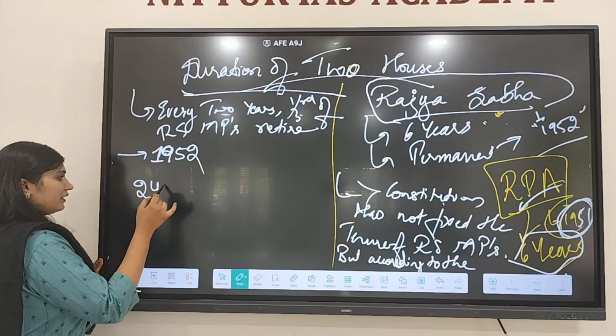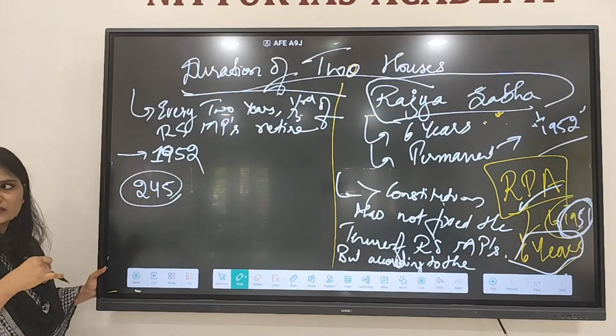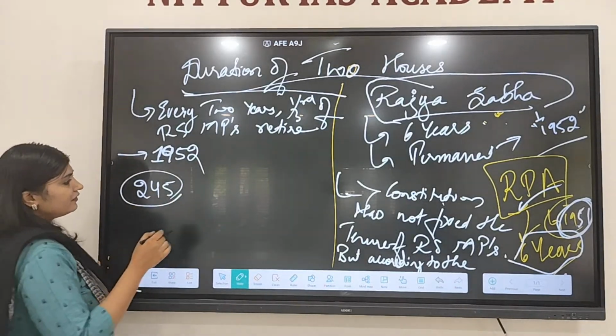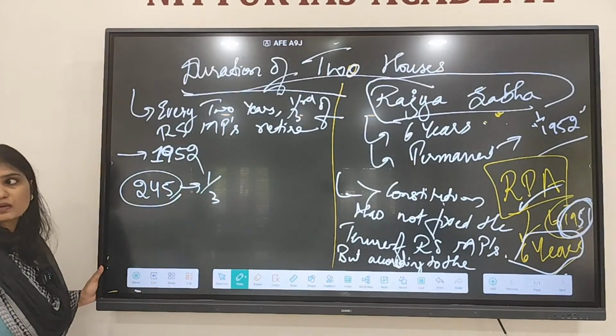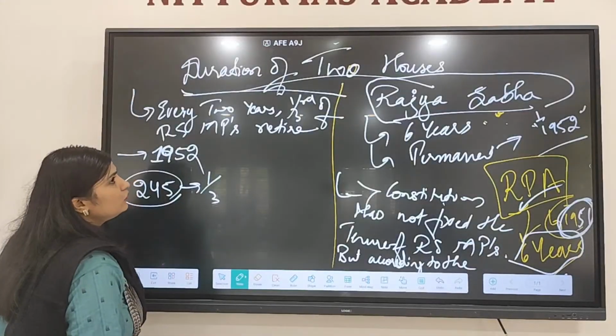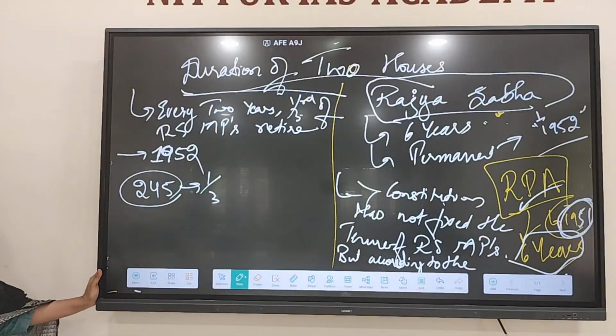Out of 245, the present strength, it was divided into 3 parts. In 1952 there was an election for the Rajya Sabha MPs, and then after that the president, with the help of a lottery, picked 1/3 of the members for retirement after 2 years.